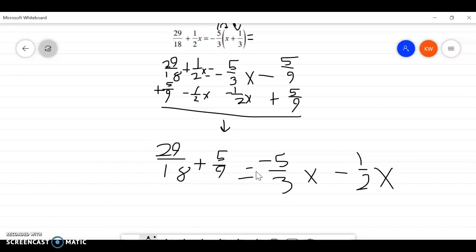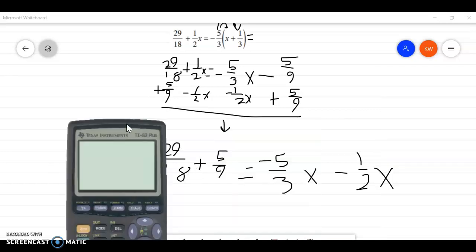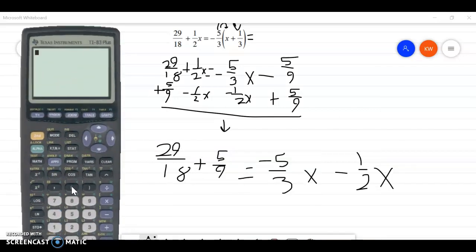So in order for us to do the math between these, we could actually go through and use our calculator and simplify this. So in parentheses, I'm going to do 29 divided by 18. My fault. So that's my first fraction, and that's plus my second fraction, 5 divided by 9.